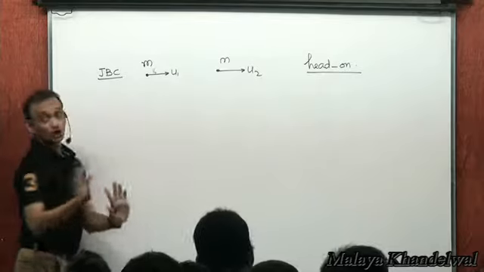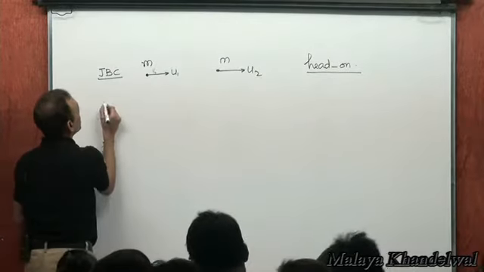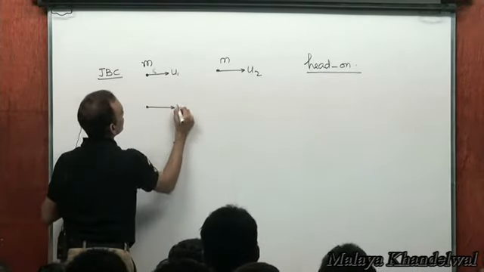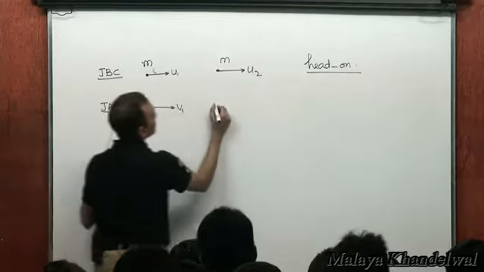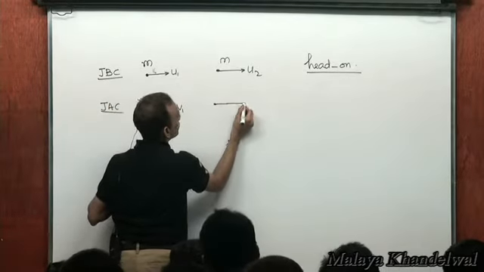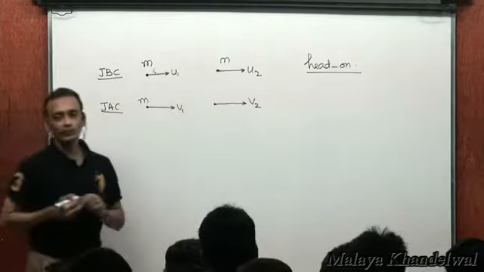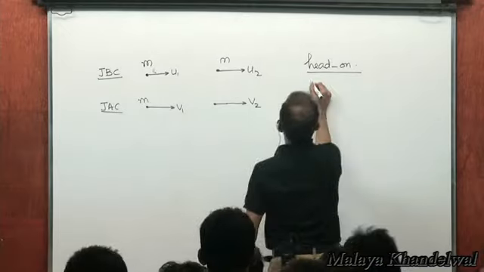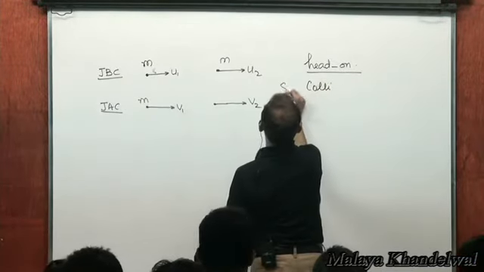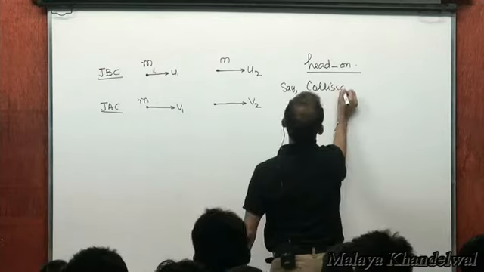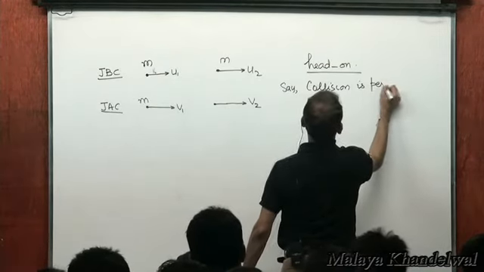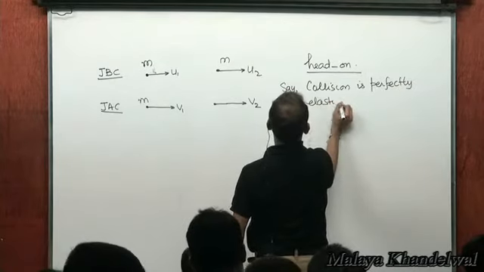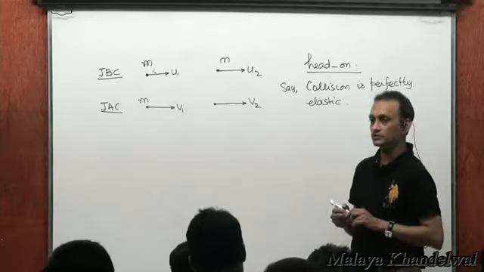Velocities u1 and u2 just before collision, and just after collision, say their velocities are v1 and v2. Say the collision is perfectly elastic.